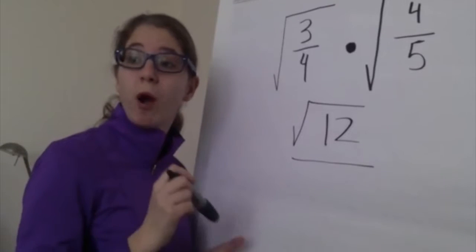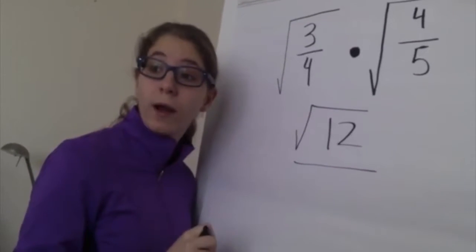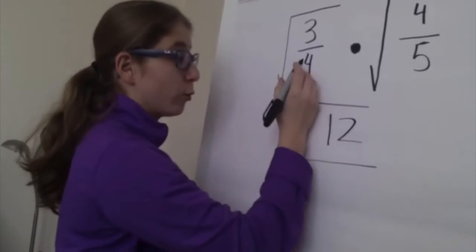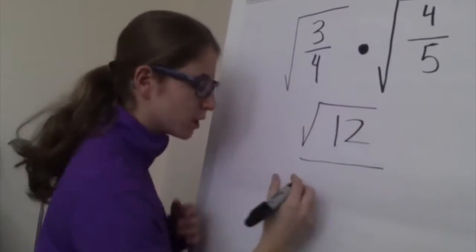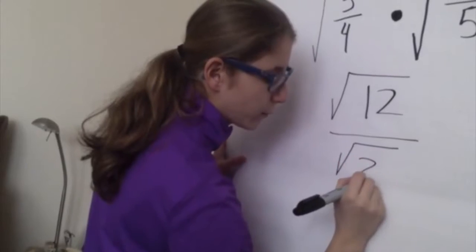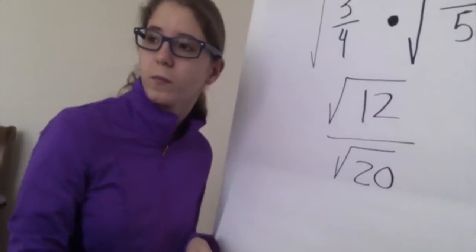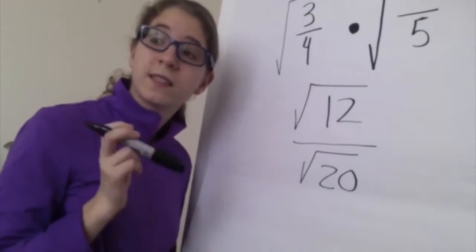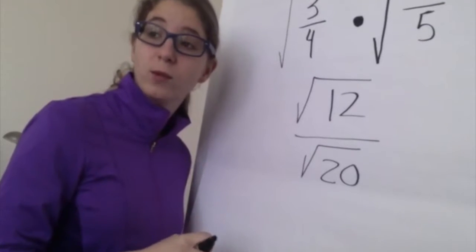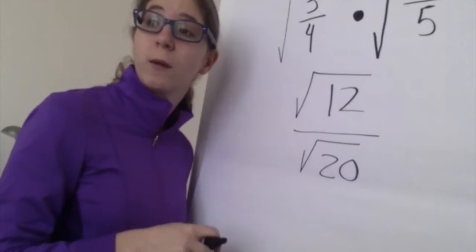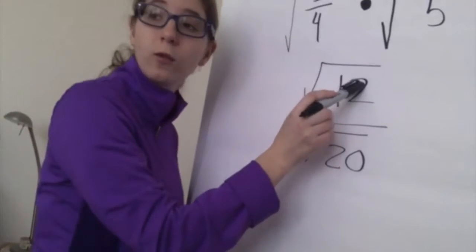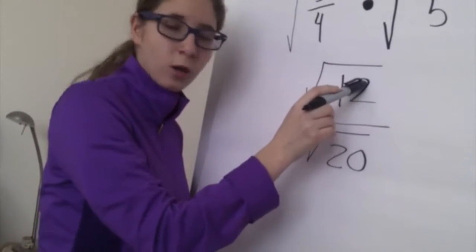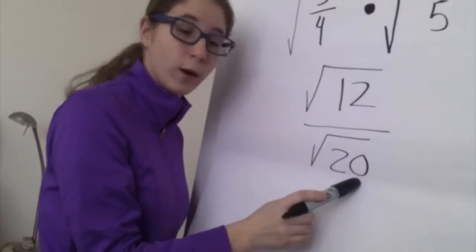Now, let's find the product of the denominators of the two radical fractions. The square root of 4 times the square root of 5, which equals the square root of 20. But in order to find the simplest radical form for this problem, we find the largest number that divides into both the numerator, radical 12, and the denominator, radical 20.